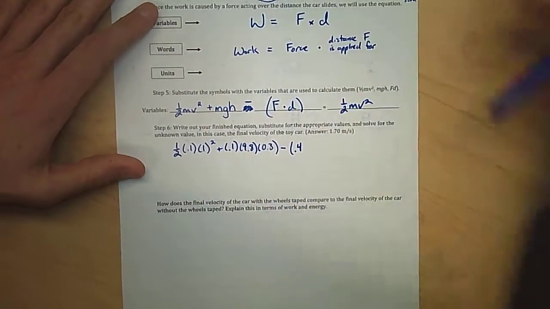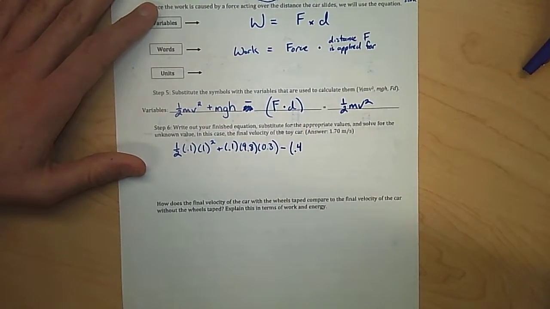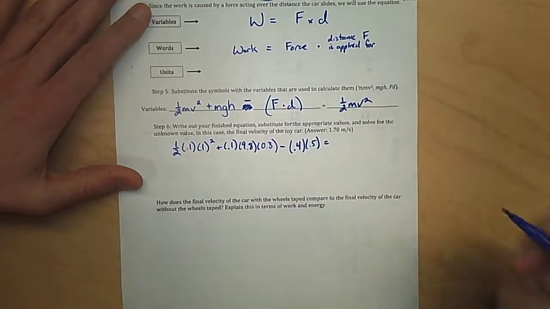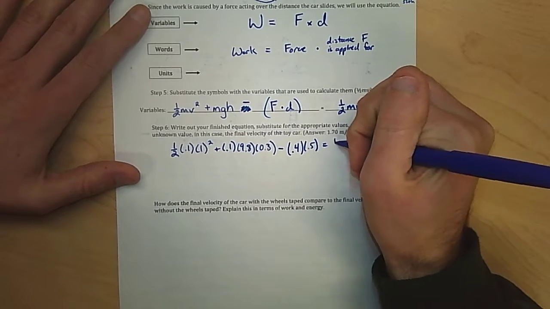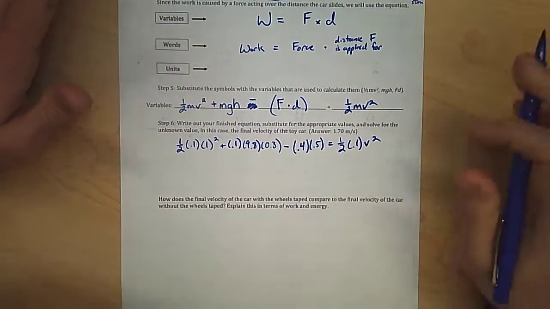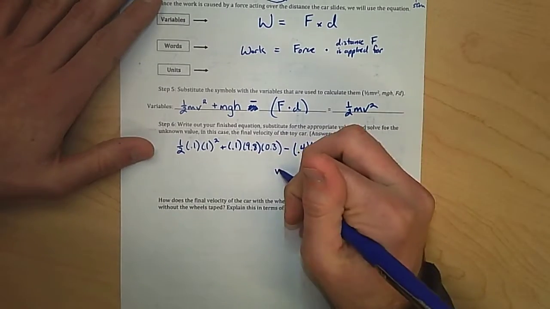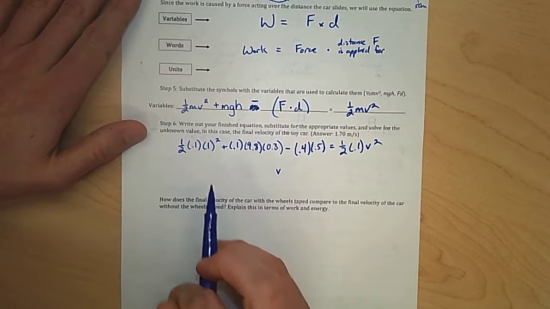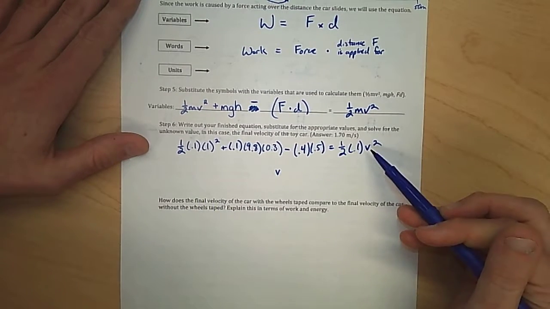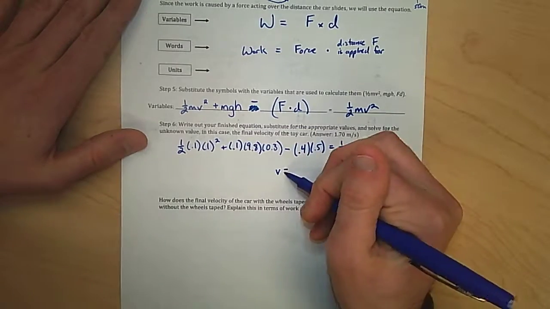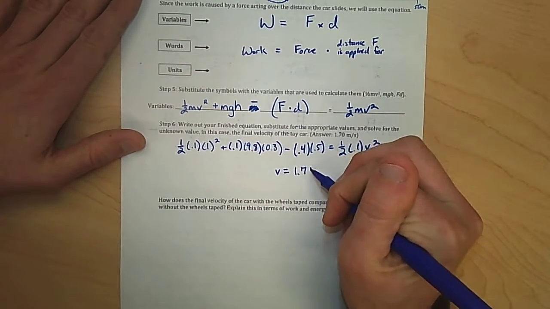So 0.4 newtons multiplied by 0.5 meters is going to be equal to 1/2 my mass, 0.1, velocity squared. All right. I'm not going to break down all the algebra here, but if you were to solve, remember order of operations, do 1 squared first over here. Once you get your answer like velocity squared equals something, make sure to square root both sides, and you'll get your velocity to be 1.7 meters per second.